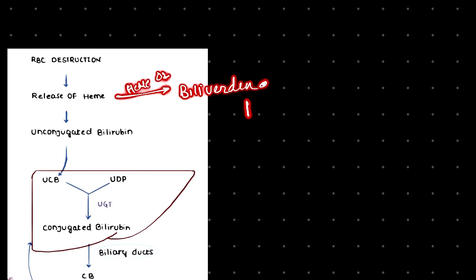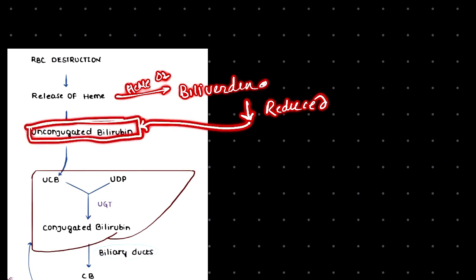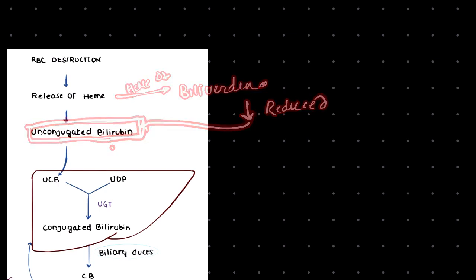Now this biliverdin will be reduced to unconjugated bilirubin. So this is how unconjugated bilirubin is formed, and it is also called indirect bilirubin. An important fact about unconjugated bilirubin is that it is lipid soluble.